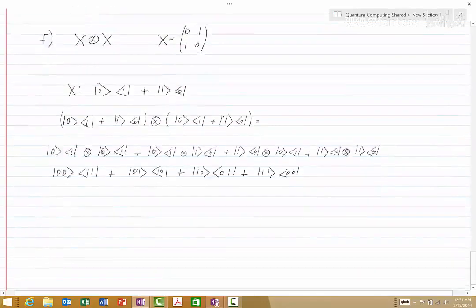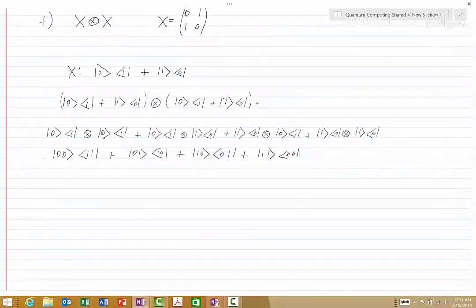Now that we have the operator written in this form, we simply need to remember the column vectors corresponding to each ket in the basis, and the row vectors corresponding to each bra.